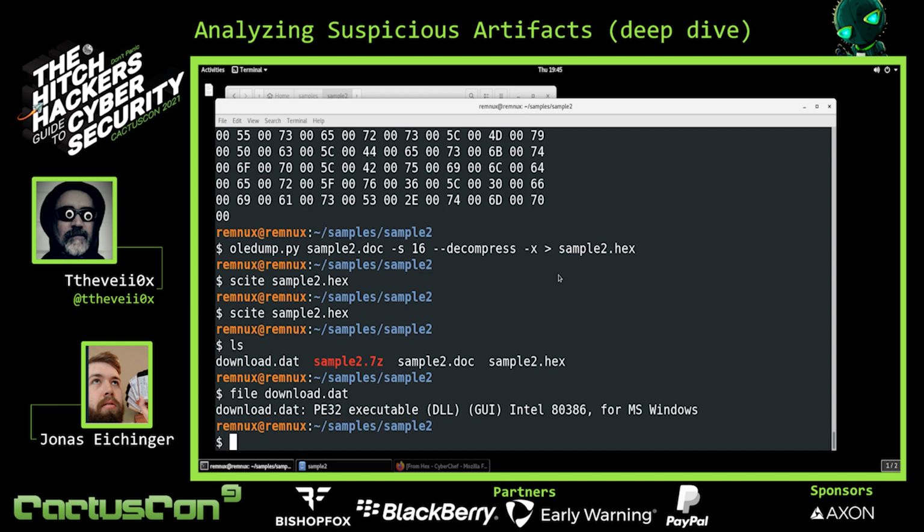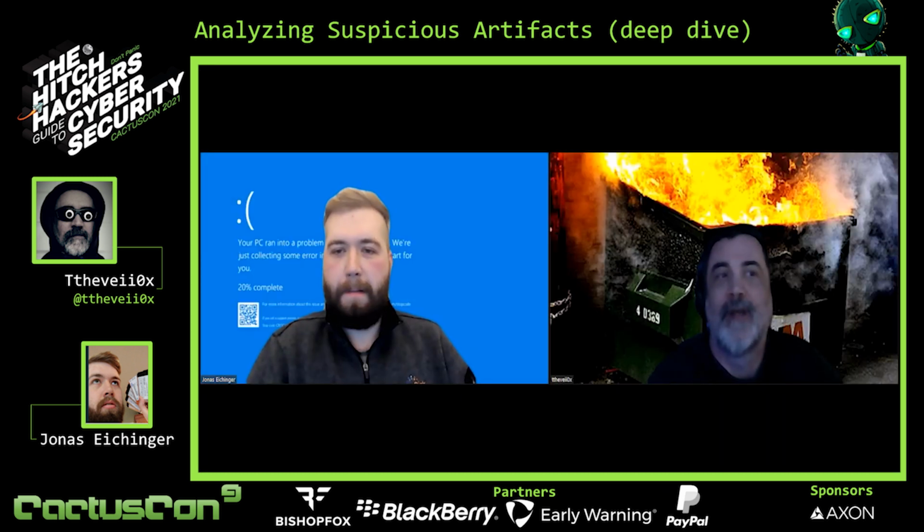What we're going to do next in this demo is transfer the file over to a Windows VM that is isolated and has a number of tools that are going to allow us to take a closer look and analyze different aspects of this sample. All right, so that was the first demo.